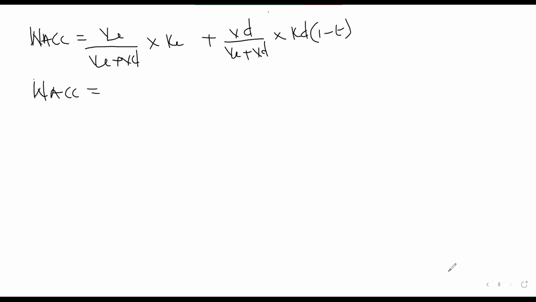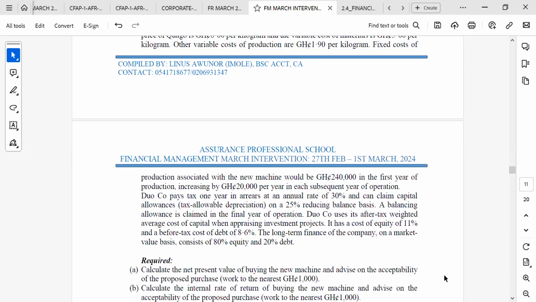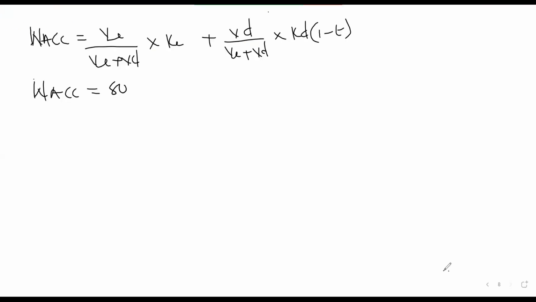So what is the proportion of these two items? The long-term finance of the company on a market value basis consists of 80% equity and 20% debt. So you take 80 over 80 plus 20 multiplied by the cost of equity.